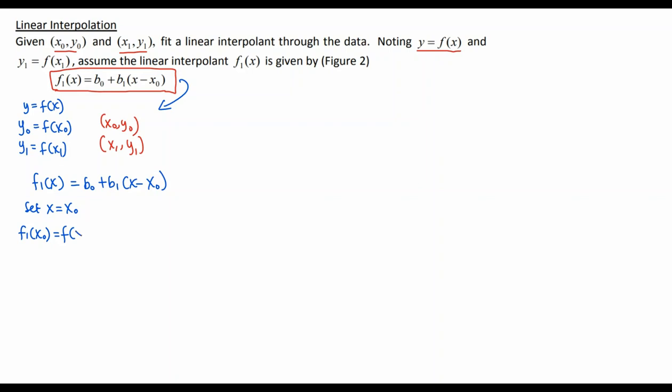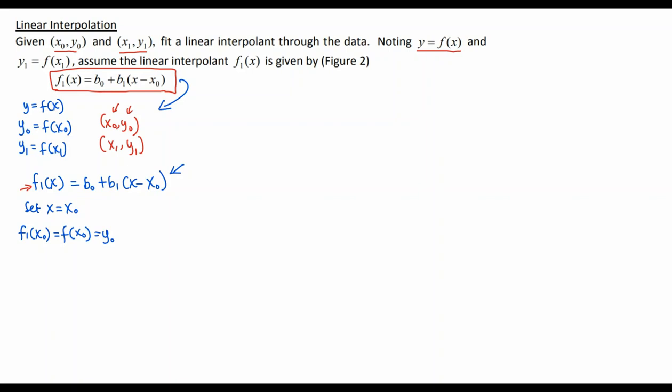So that will be the same as f of x naught, and don't forget that f of x naught is the same as y naught. This is because we are assuming that this function fits the data points. So if I pick a certain x naught value and put it in this function, the result I'll get should be its corresponding y naught value. That's what this means.